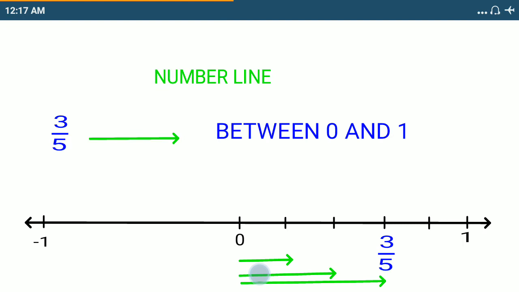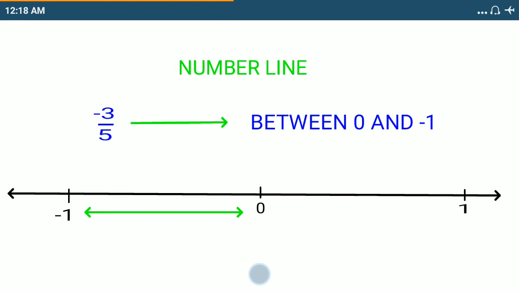Students, we can use the same procedure to mark minus 3 by 5 on the left side of 0. Now let us plot minus 3 by 5.